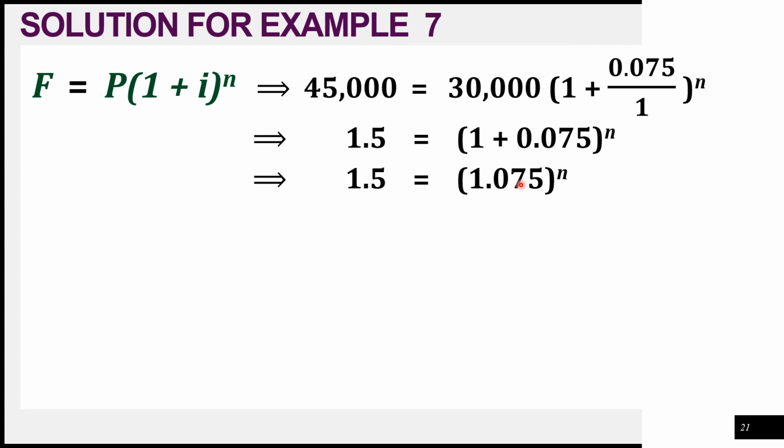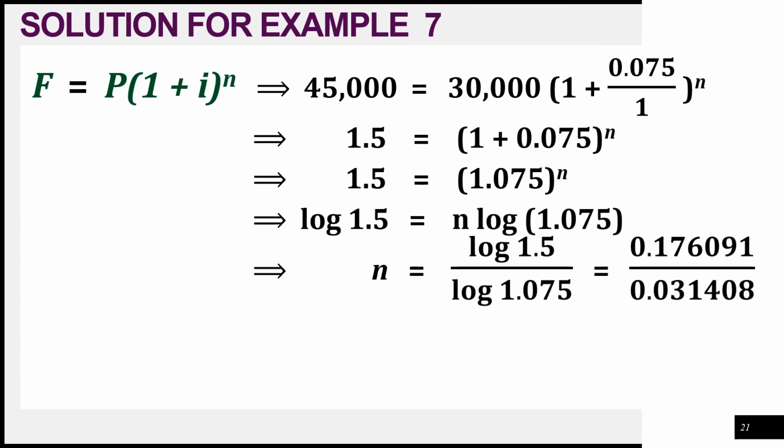Therefore, the best way to solve these types of problem is by using the laws of logarithm. Now, we have here, setting the logarithm of 1.5 equal to n times the logarithm of 1.075.